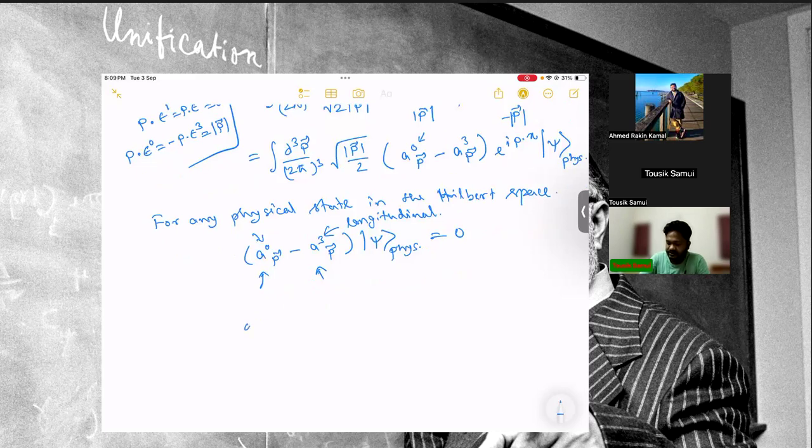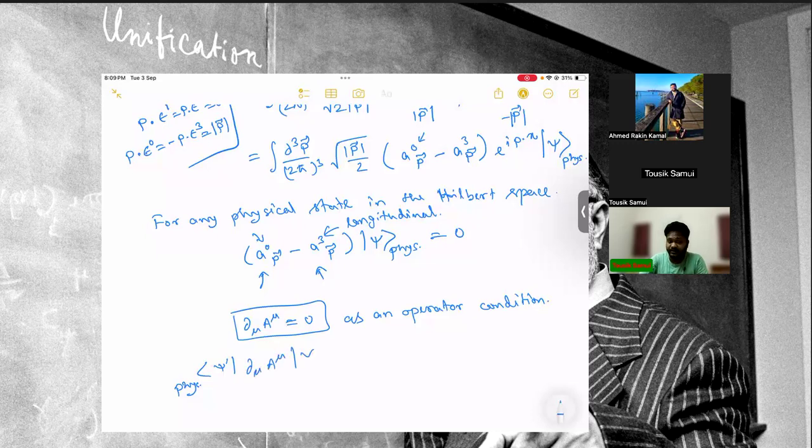Okay, so if that is the case, then you can see that even though we did not put this condition as an operator condition, for any physical state psi, del mu A mu psi should be 0.